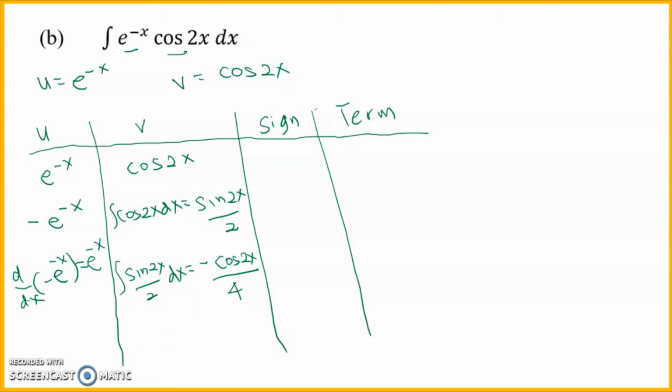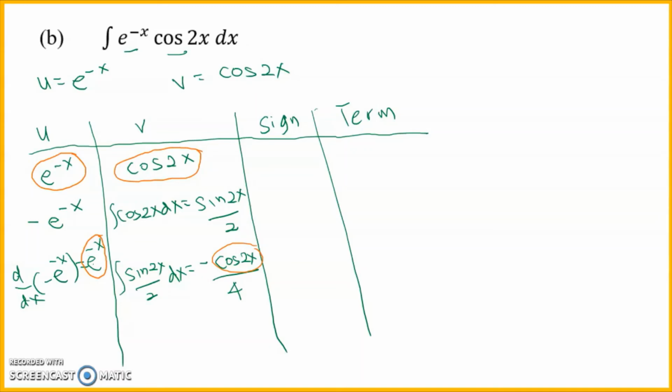Here we can observe that this e to the negative x is the same as the u, e to the negative x, and cos 2x here is the same as cos 2x, which is the v. So in this case, we can stop.